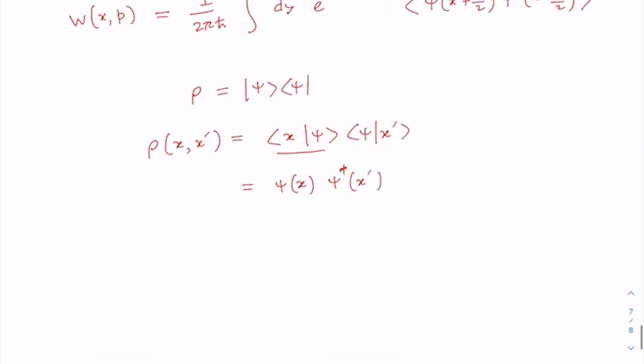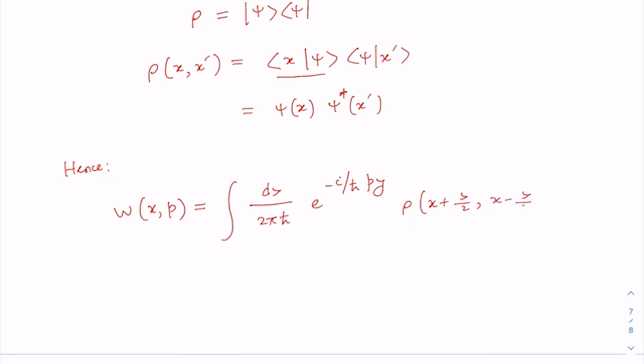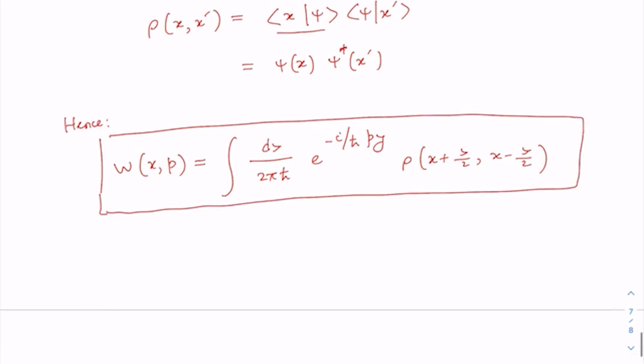So hence we can write the Wigner distribution function as follows: W(x, p) is equal to ∫dy over 2πħ e to the power minus i by ħ py ρ(x + y/2, x − y/2).